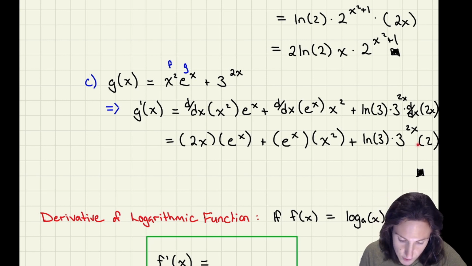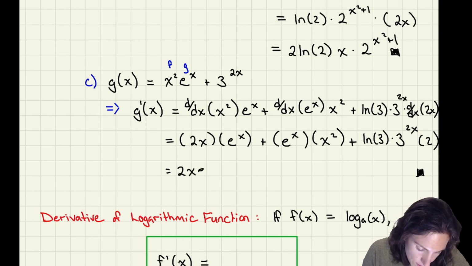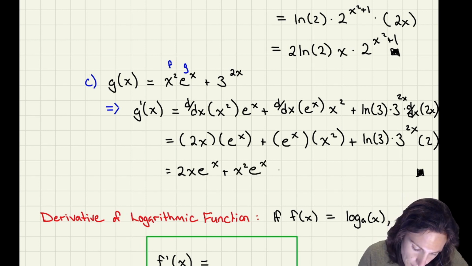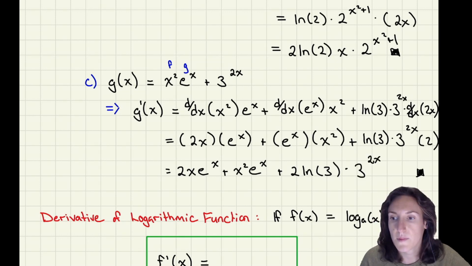So again, I'm just going to bring this 2 up to the front so it's a little bit easier for me to read. And draw my brackets. So I get 2x e to the x plus x squared e to the x. You can leave it x squared if you want. Okay, whatever you prefer. Plus 2 ln 3. There's my constant. And then times my exponential function. And there we go.